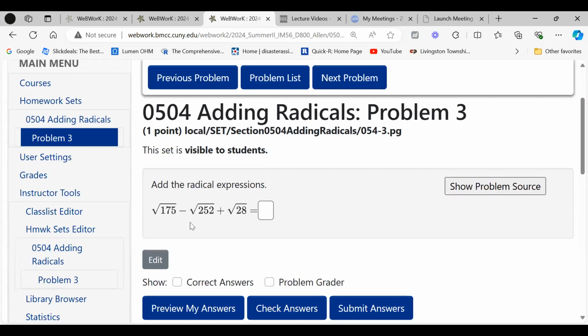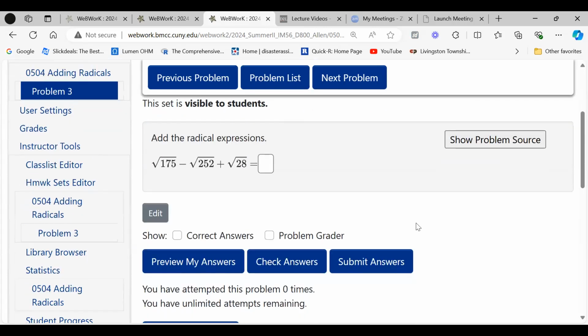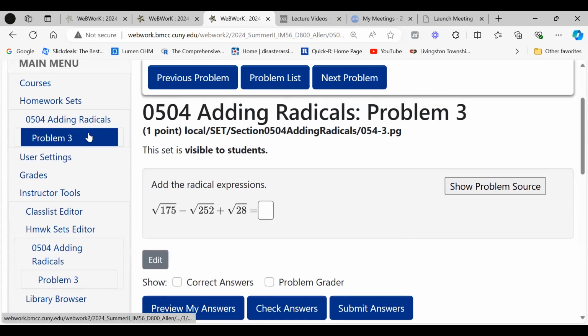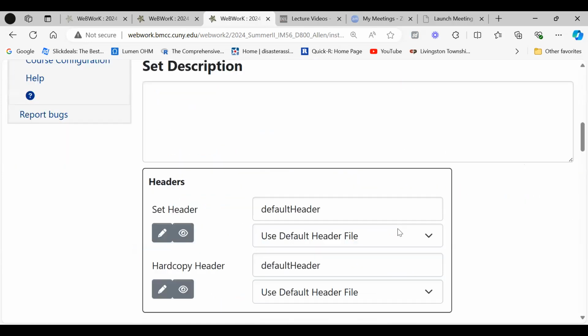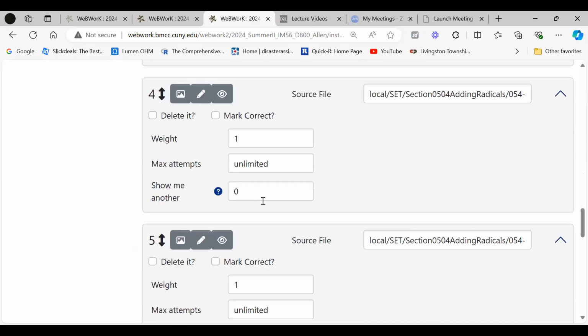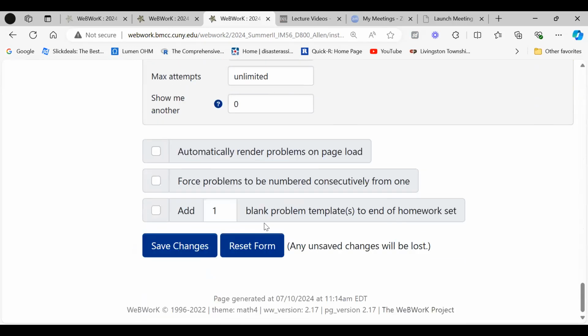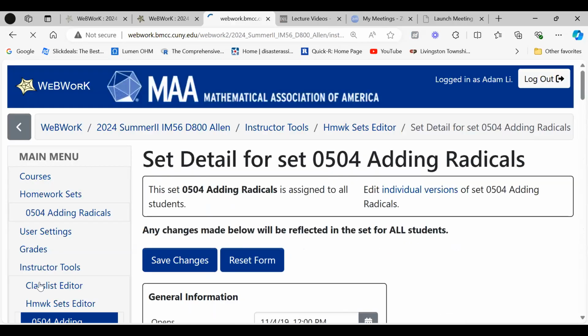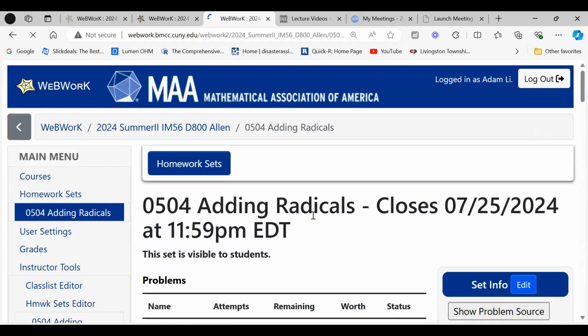And this one is a little more complicated. So you need to simplify first. Give me one second, let me just go back quickly and fix a little issue here. I forgot to put something here.